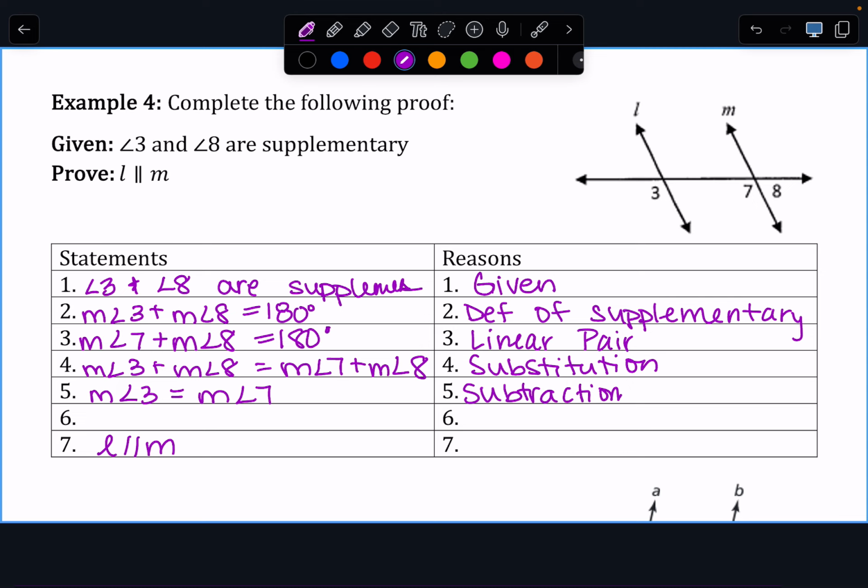We could do the corresponding... not yet. Let's do our definition of congruence, and then we can do our corresponding angles converse.